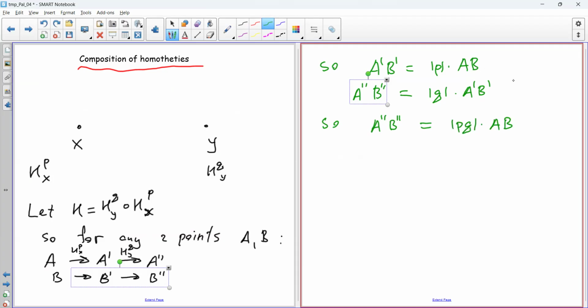So actually, by the definition, it's similarity transformation.